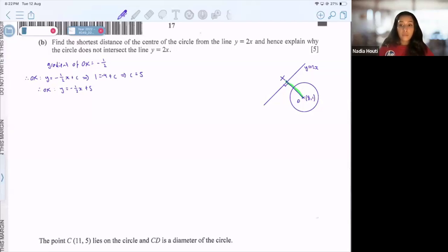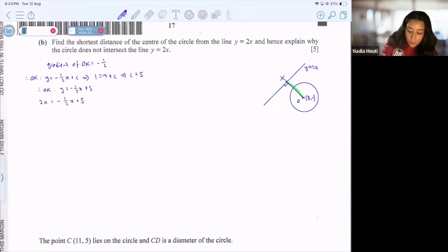We know OX and the line y equals 2x meet at the point X. So to solve for the coordinates of X, we need to solve these two equations simultaneously. We sub y equals 2x into the equation we just found, y equals negative half x plus 5. So 2x equals negative half x plus 5.